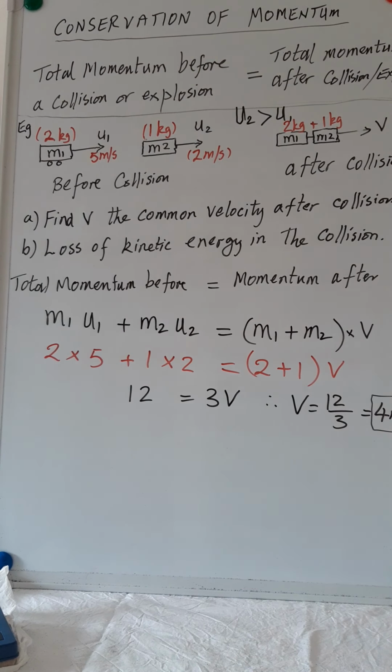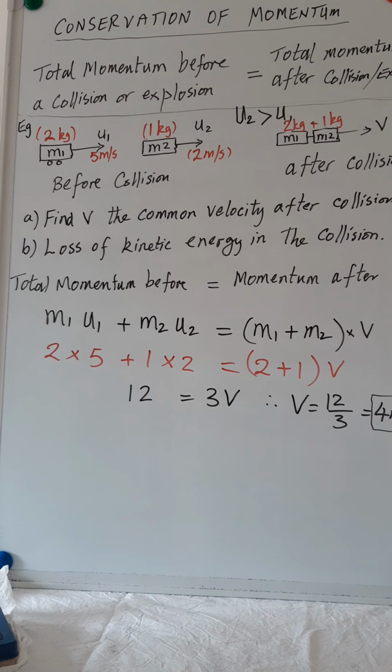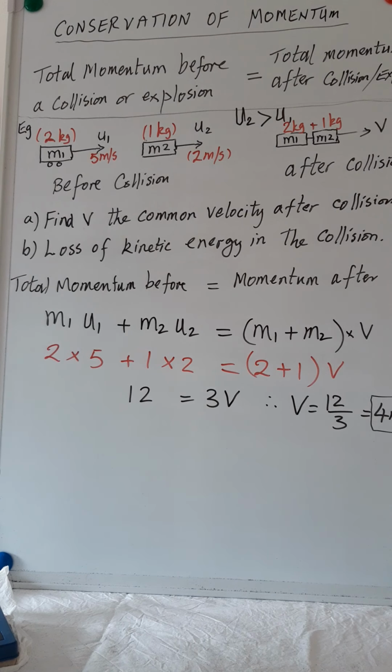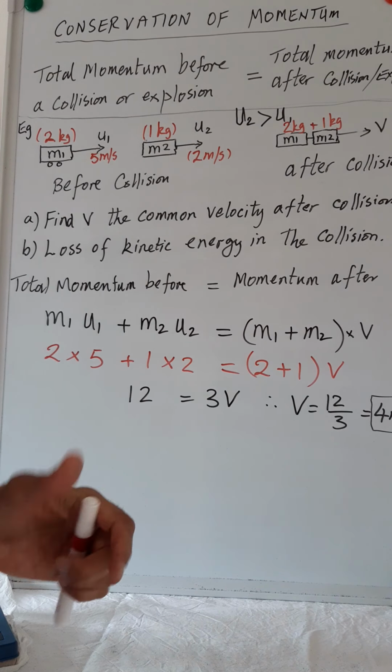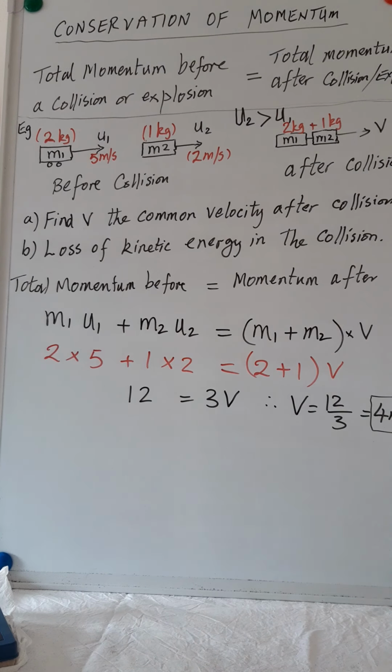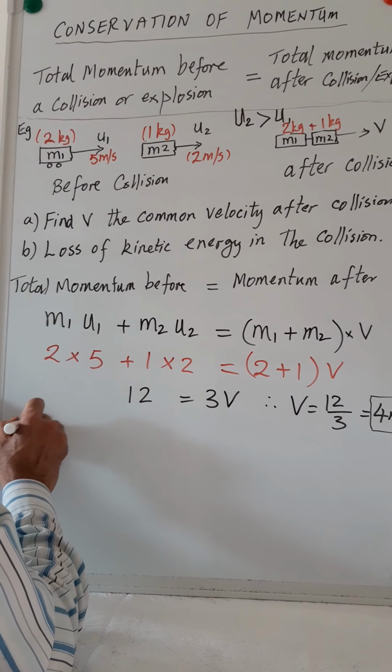Now, we know that the momentum is conserved. What about the kinetic energy? Is kinetic energy conserved? Energy is always lost in a collision or an explosion, because energy can be converted into other forms. So let's consider kinetic energy before collision.